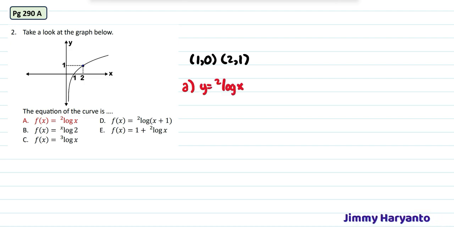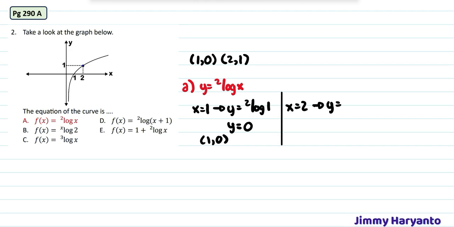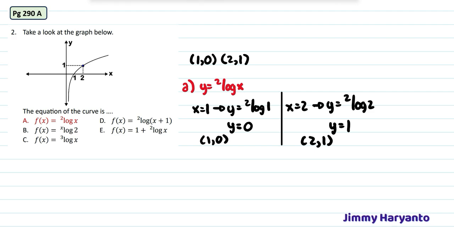First, let's check when x equals 1. y equals 2 log 1. Any log 1 will become 0. So the first one is yes, correct, (1, 0). And then for the second one, we have x equals 2. That means y equals 2 log 2. 2 log 2 equals 1. So we have (2, 1). Yeah, they match. So this is our answer, which is A.